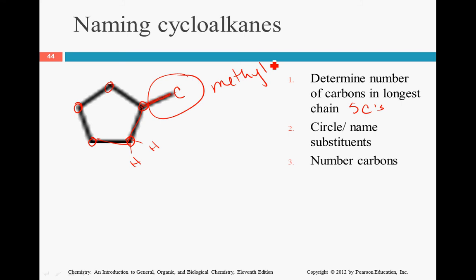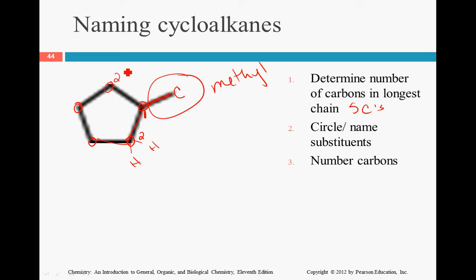Number the carbons. You're going to want to number it where alphabetically the substituents begin. So we're going to number it here. 1, 2. It doesn't matter if the second one is 2 or this up here is 2, because there's no substituents. Numbering really matters most when you have more than one substituent.